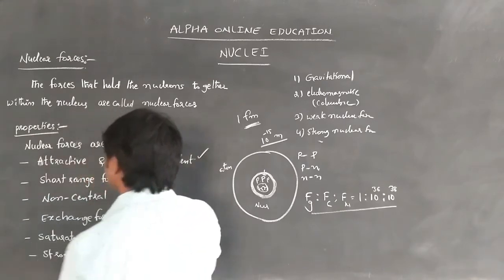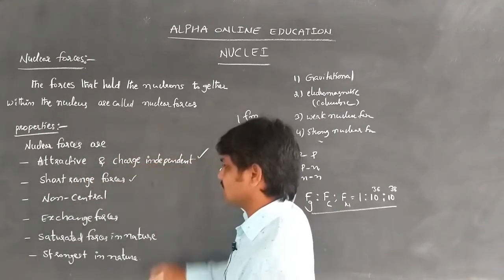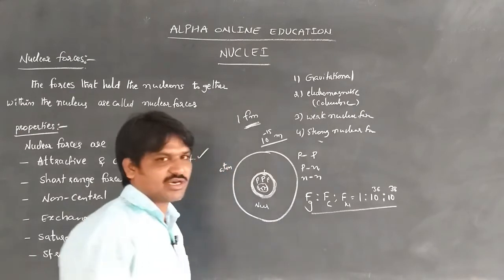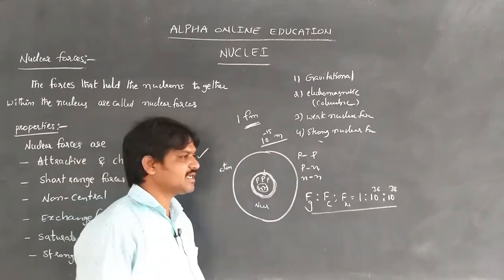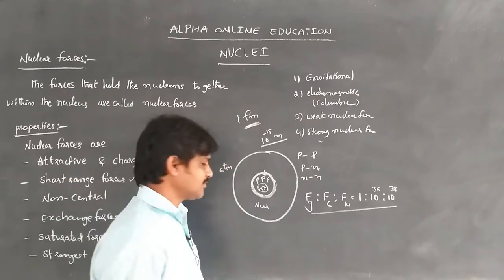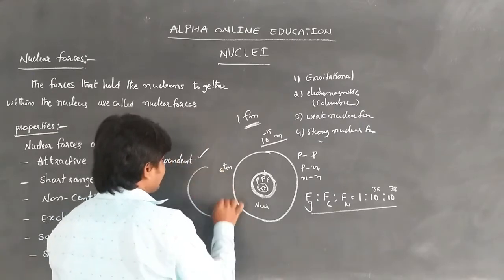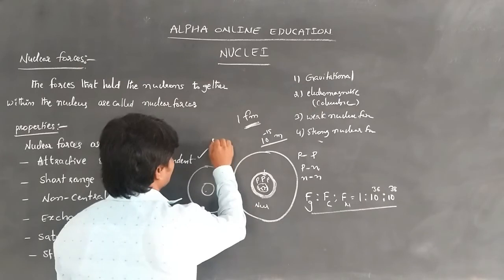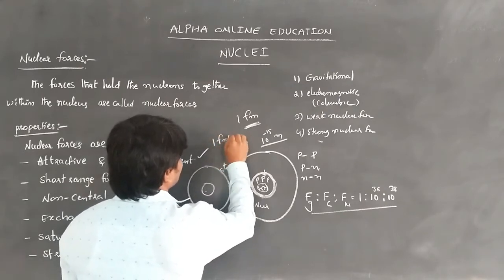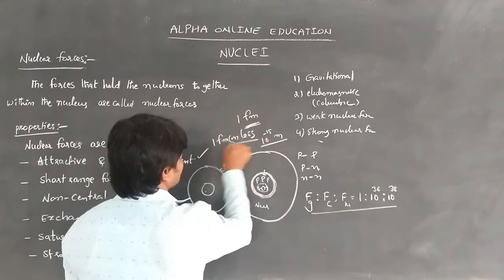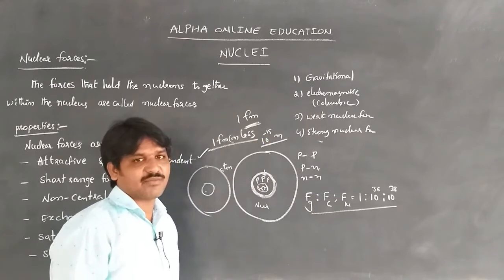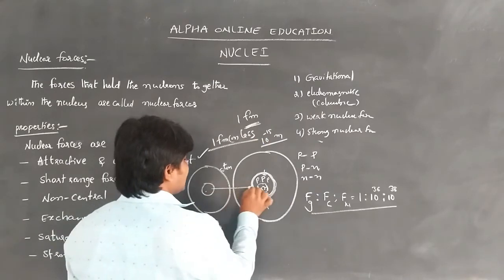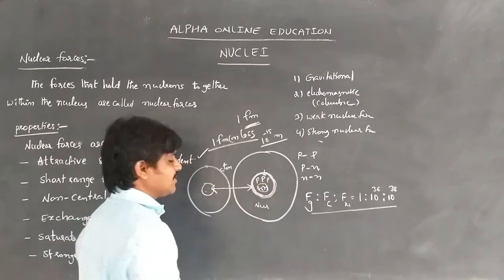The next one is short range forces. What is meant by short range forces? If the distance between two nucleons is 1 Fermi or less than 1 Fermi, the attraction between them is rapid and strong.